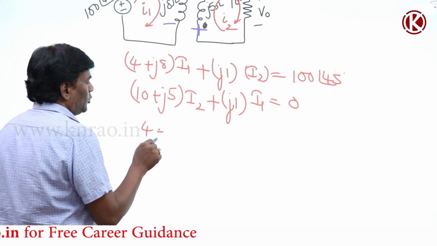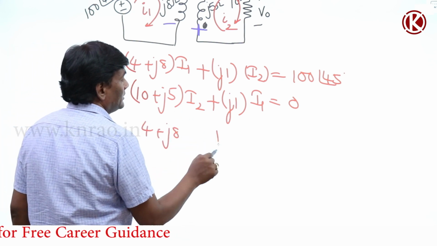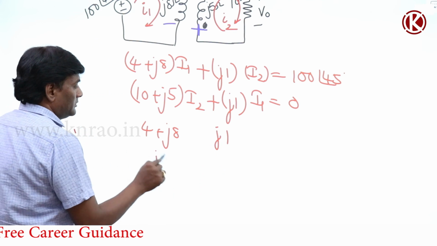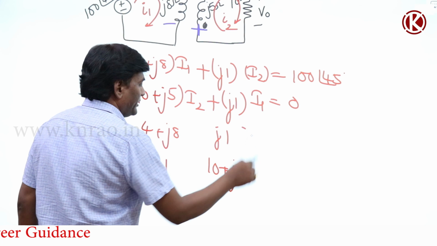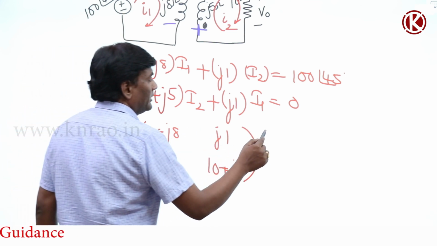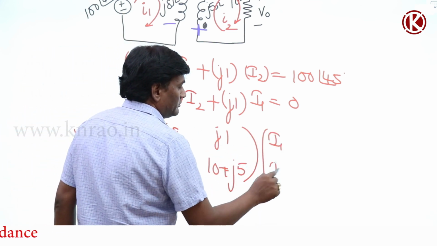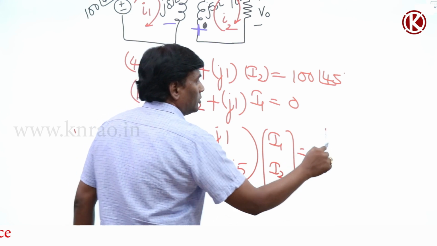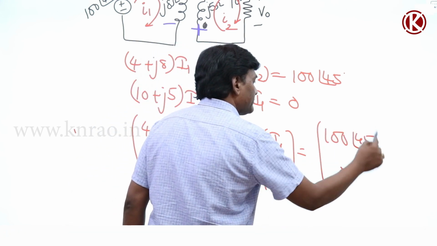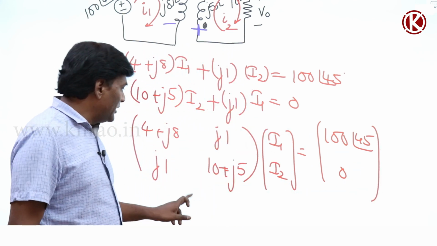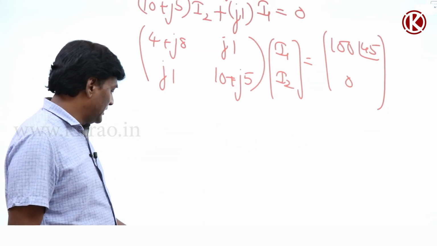Convert this into matrix form, then you can calculate. So this is 4 plus J8, J1, 10 plus J5, into I1, I2 equal to 100 at an angle 45, 0. Calculate 1 by AD minus BC, that relation.